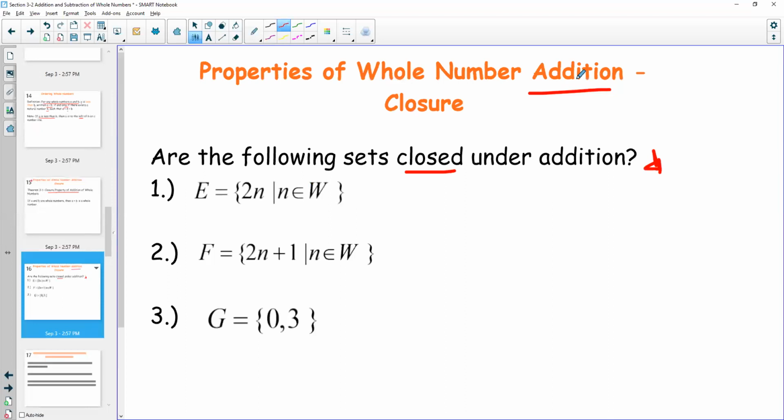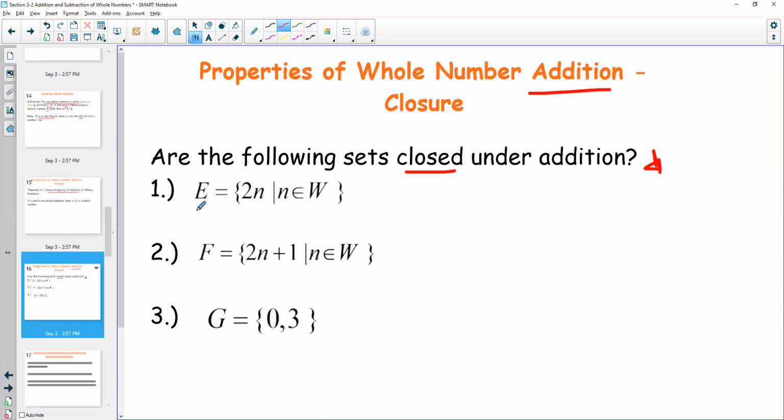If you add those two elements together and it's not inside the set, the set is not closed. Now, in closure, sets are either closed or not closed. It's not closed and open. It's not like a door, okay?